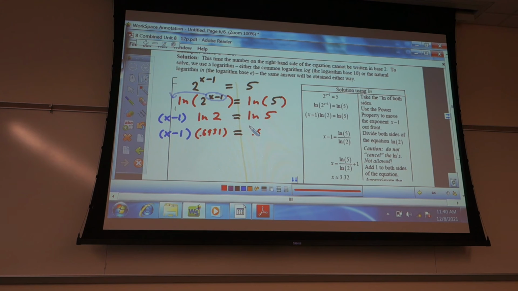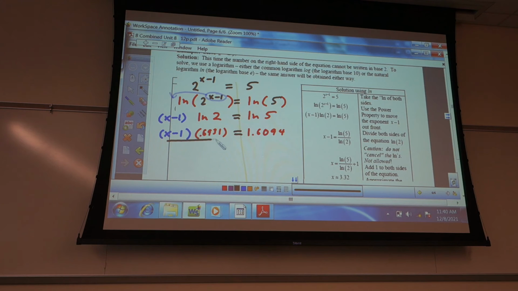Natural log of 5, yeah. Do you have an LN on your calculator? There you go. Do you get 1.609? Yes, that's what I got.